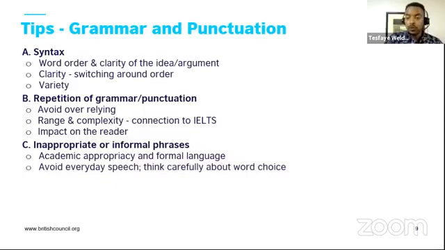So we don't also impose on everyday speech. We think about our word choice, right? So avoiding everyday language. Some reports or other types of academic writing you might have come across would look like maybe a speech.